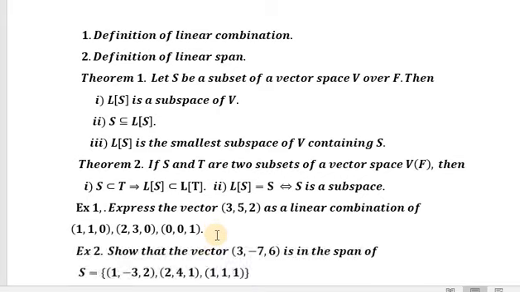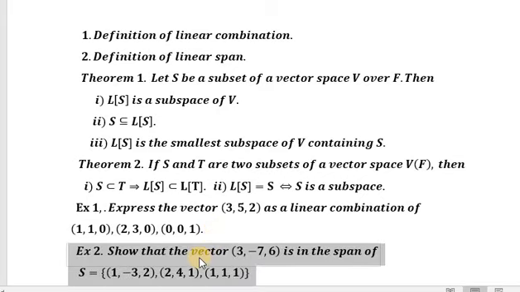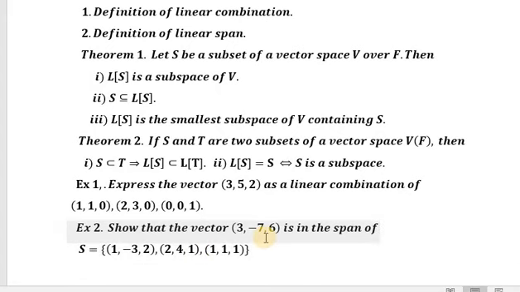And we are working another problem, that is, show that the vector (3, -7, 6) is in the span of S, where S is the set of vectors (1, -3, 2), (2, 4, 1) and (1, 1, 1).